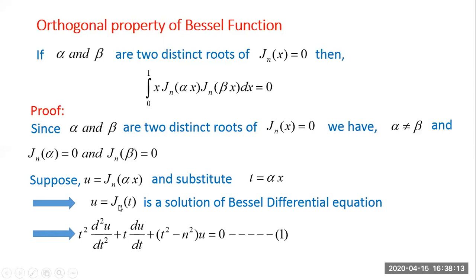So Jn of t satisfies this equation. So u satisfies Bessel's equation. The actual Bessel's equation is x square d square y by dx square plus x dy by dx plus x square minus n square into y equal to 0. Instead of x, we have t here. And since u, that is Jn of t, satisfies that equation, we get u in place of y.